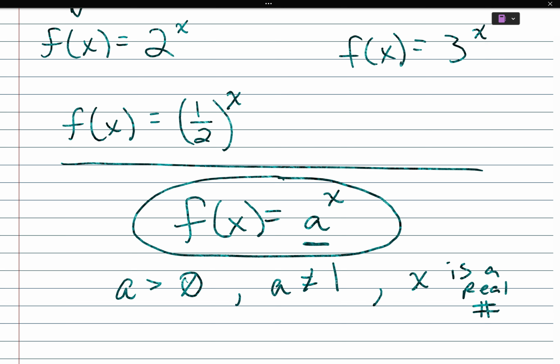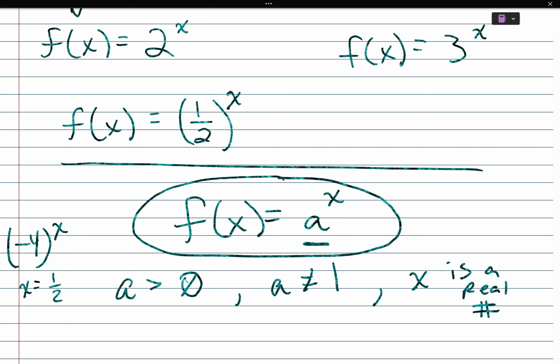0 are undefined. Negative numbers can't be used as bases because an expression, if you would use, let's say, negative 6 to the x power, or let's say negative 4 to the x power, is not a real number if x is equal to 1/2, right?